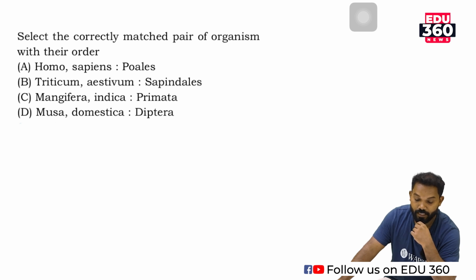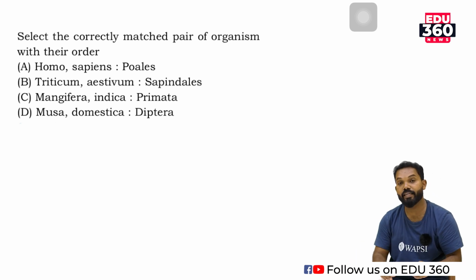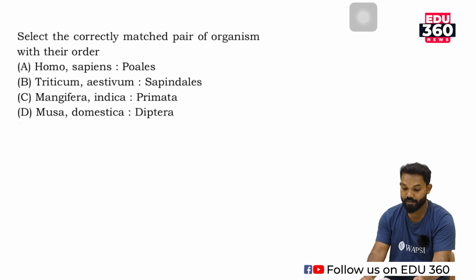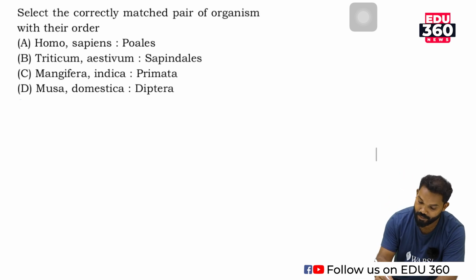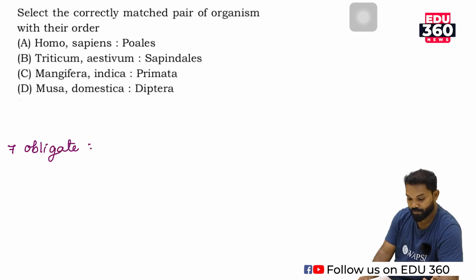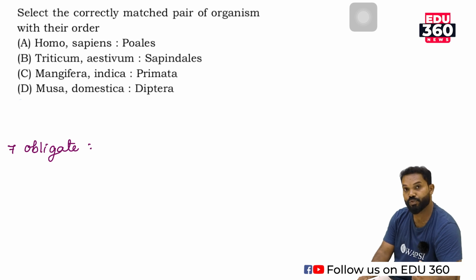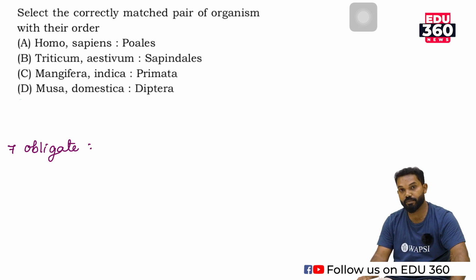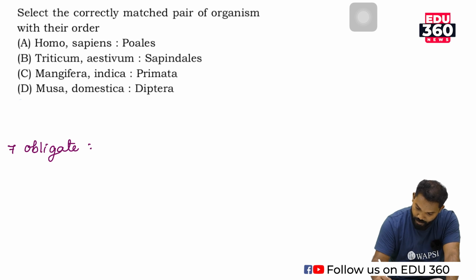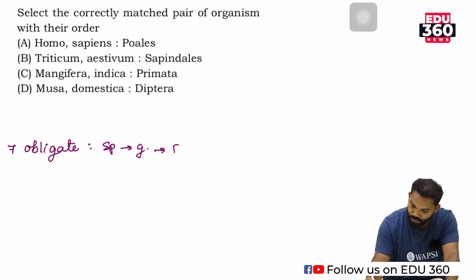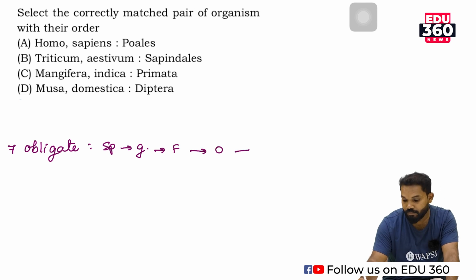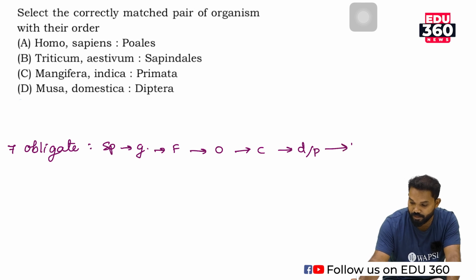According to taxonomic hierarchy, there are 7 obligate categories, from base to the highest. From species to kingdom, they are species, genus, family, order, class, division or phylum, and the kingdom.